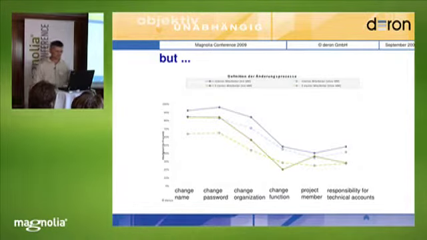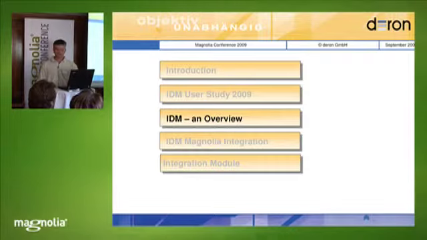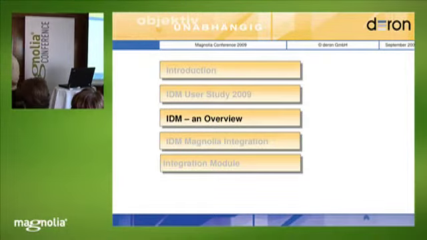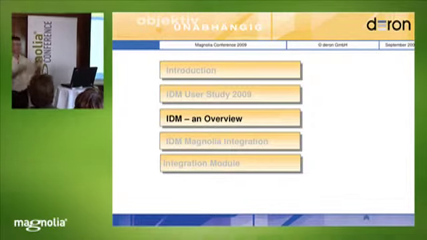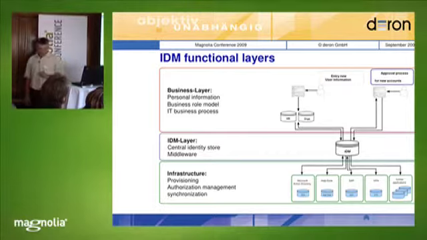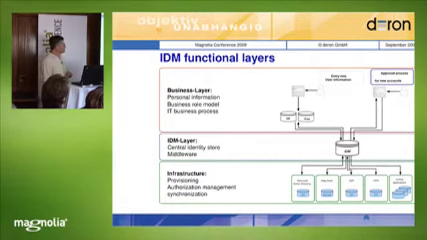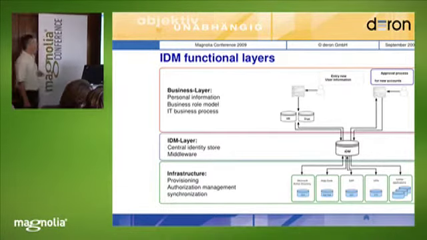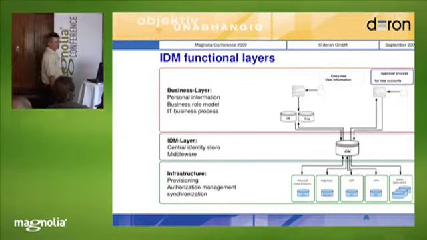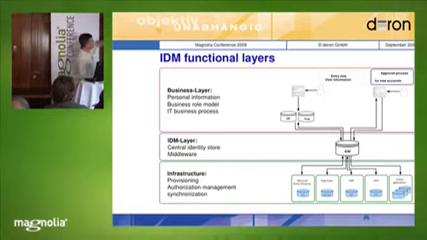Okay, so let's have a look at how an identity management solution could look. Just an overview. If you look at a typical solution for identity management, you see 3 layers. First, you have the business layer.